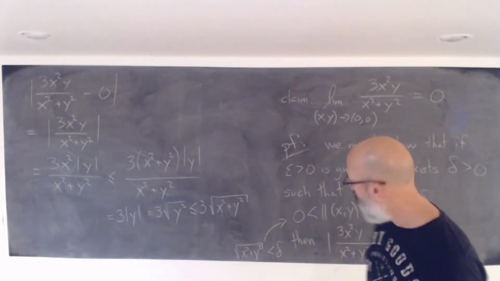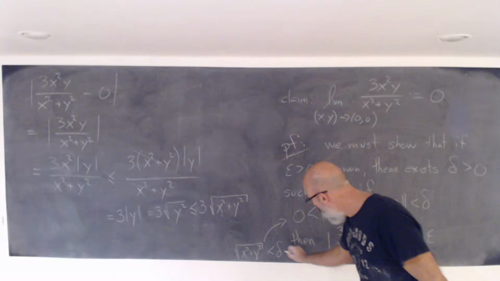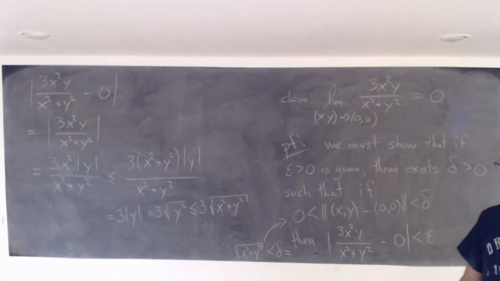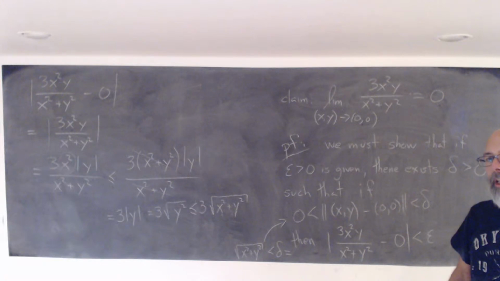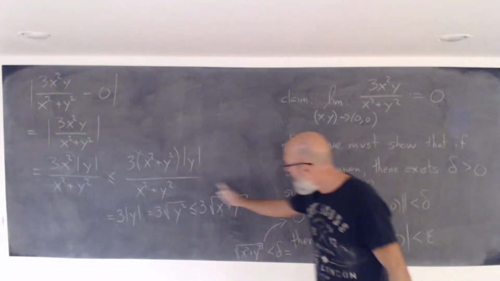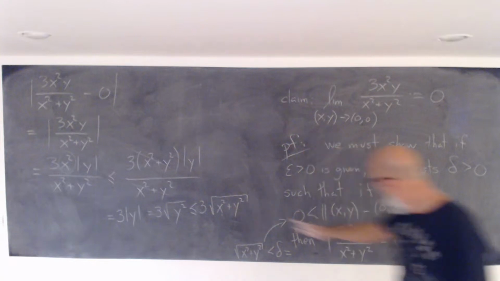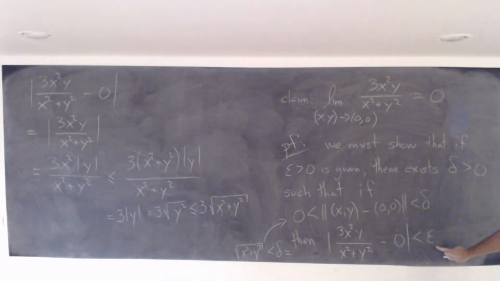So you see what to do now, right? What are you going to take delta to be to make this less than epsilon?